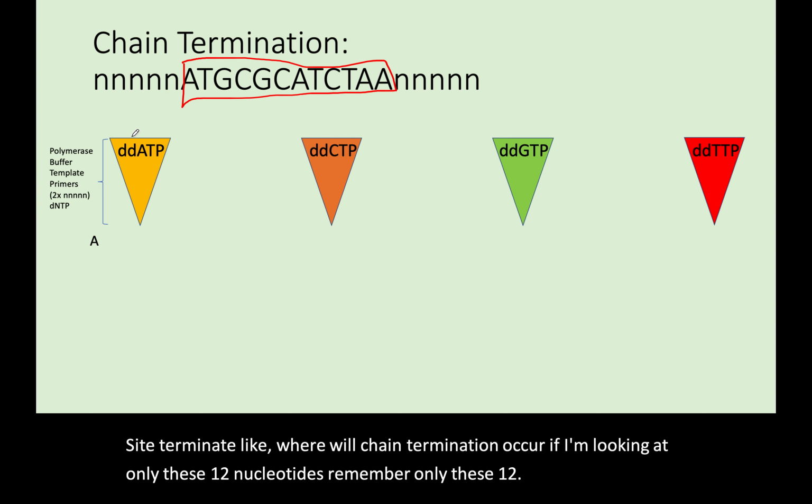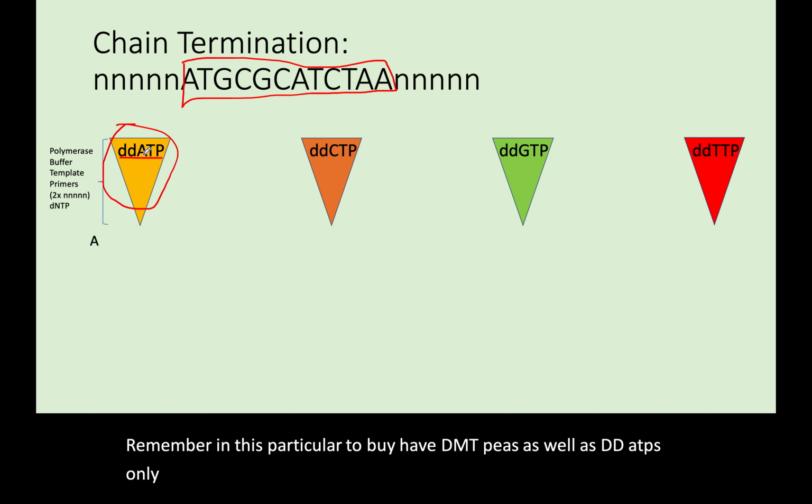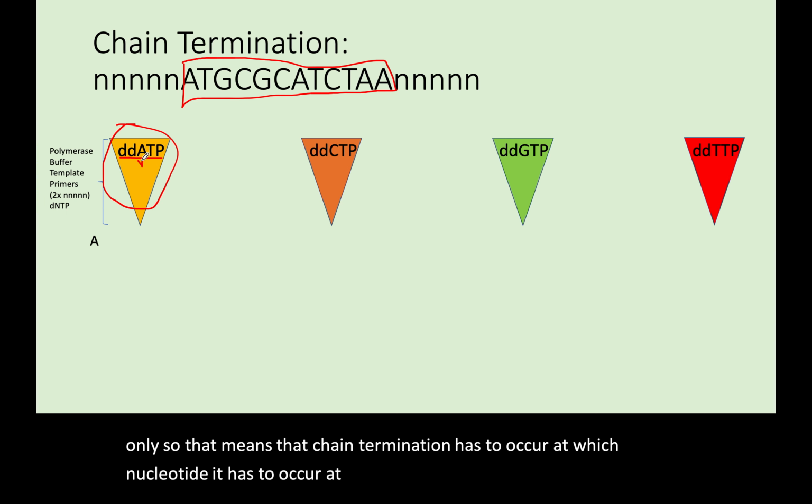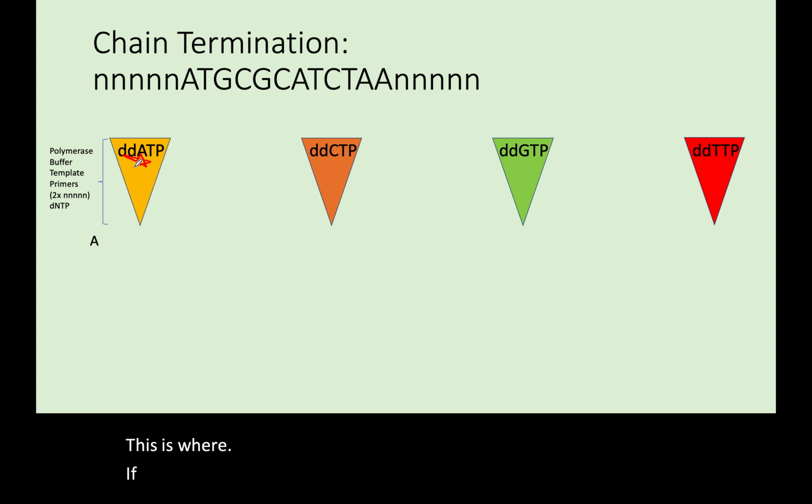So remember, in this particular tube, I have dNTPs as well as DD-ATPs only, so that means that chain termination has to occur at the A. This is where, if I incorporate an A and it's a dideoxy, then it will terminate the strand at that location.